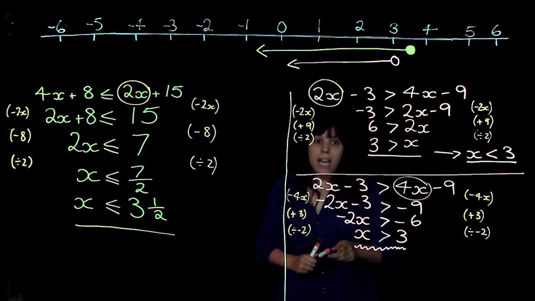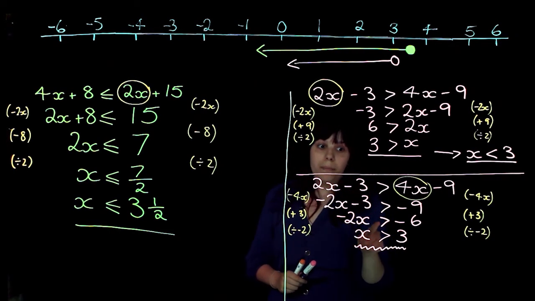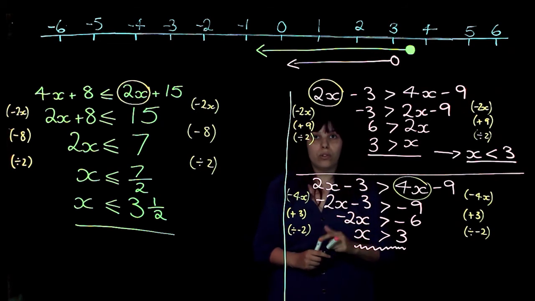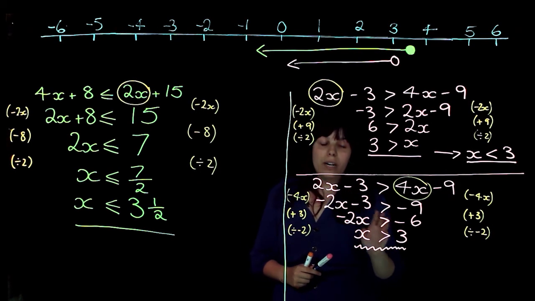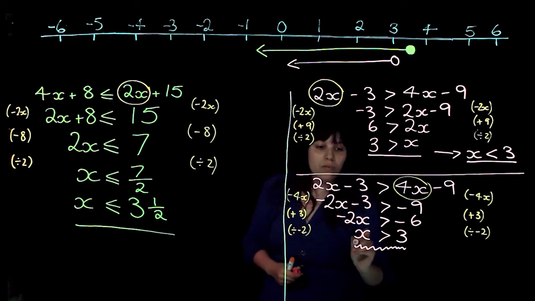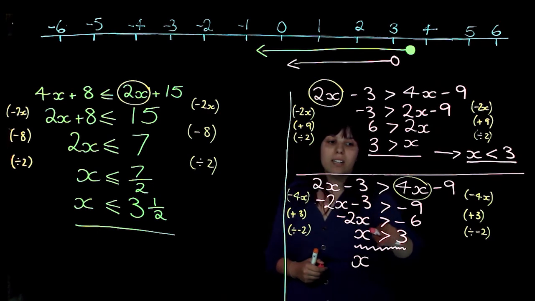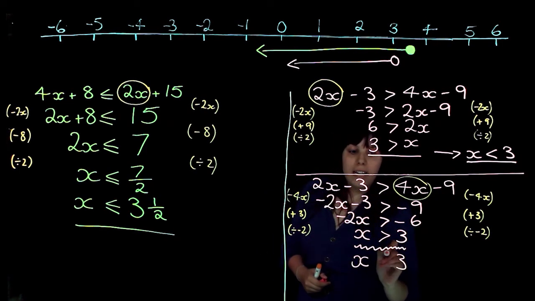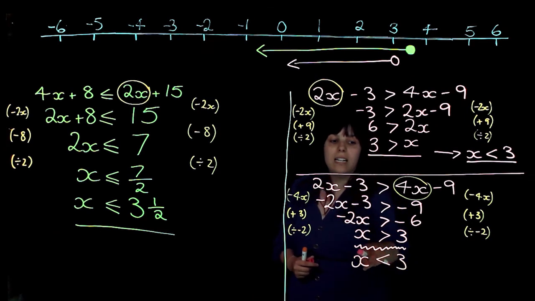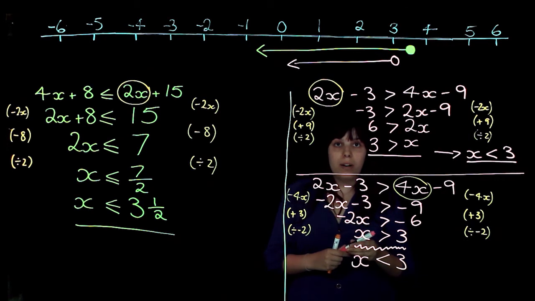The reason why is because over here I have divided by a negative number. And that's the one thing you've got to remember. When you divide by a negative number and you've got inequalities, you must remember to change the sign. So I had x is greater than 3, but actually the answer is x is less than 3 because I needed to change the sign because I divided by a minus number.